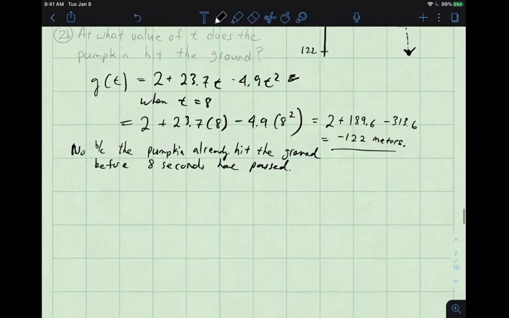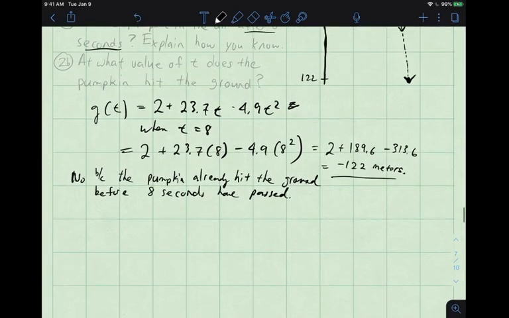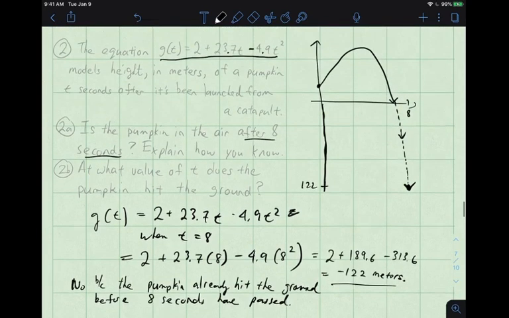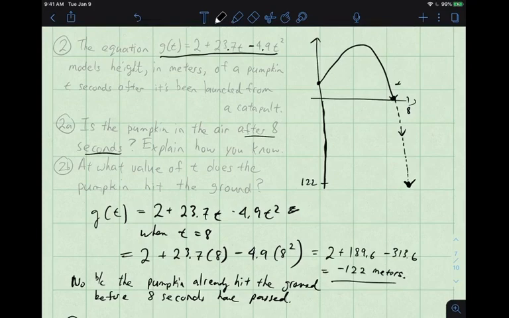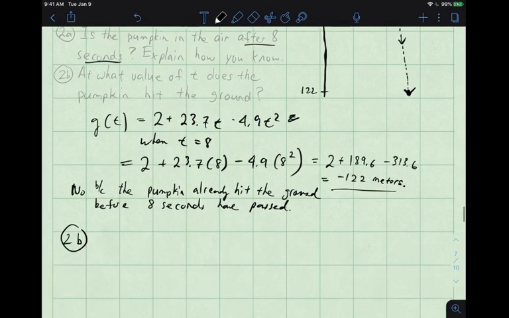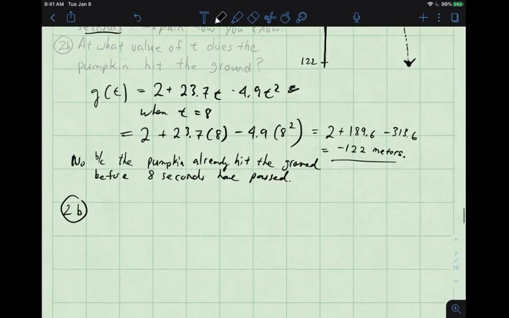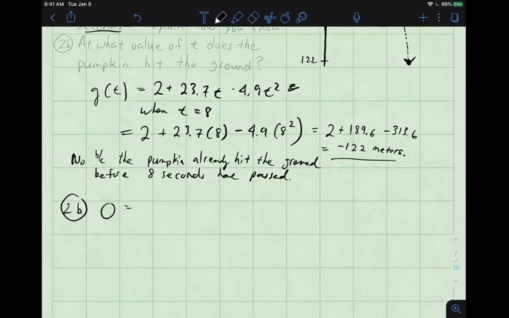For 2b, we'll solve this equation and figure out what exact time it was. It's probably before. We're looking for this point when t is equal to, right? It's the x-intercept when it hits the ground. So 0 equals 2 plus 23.7t, oops, minus 4.9t squared.